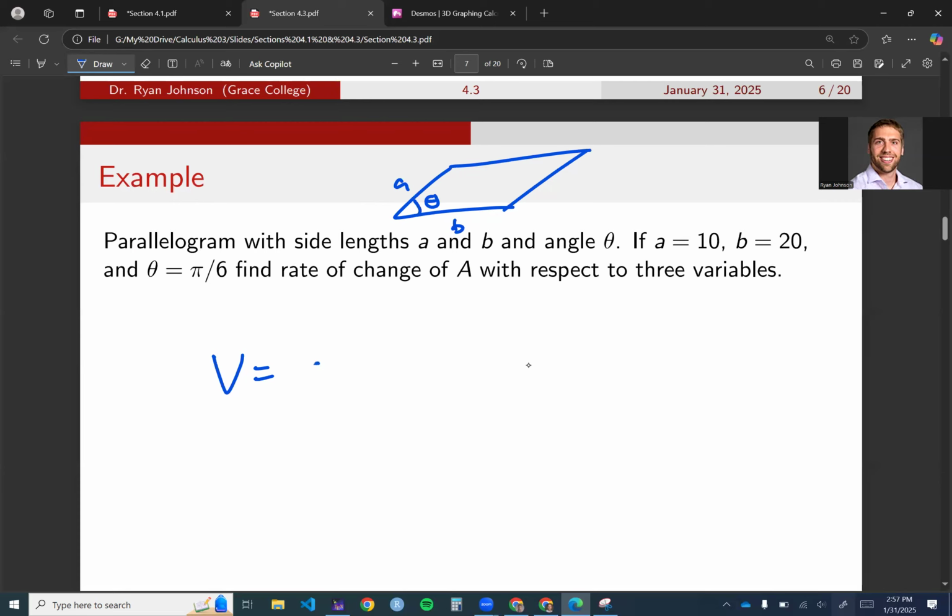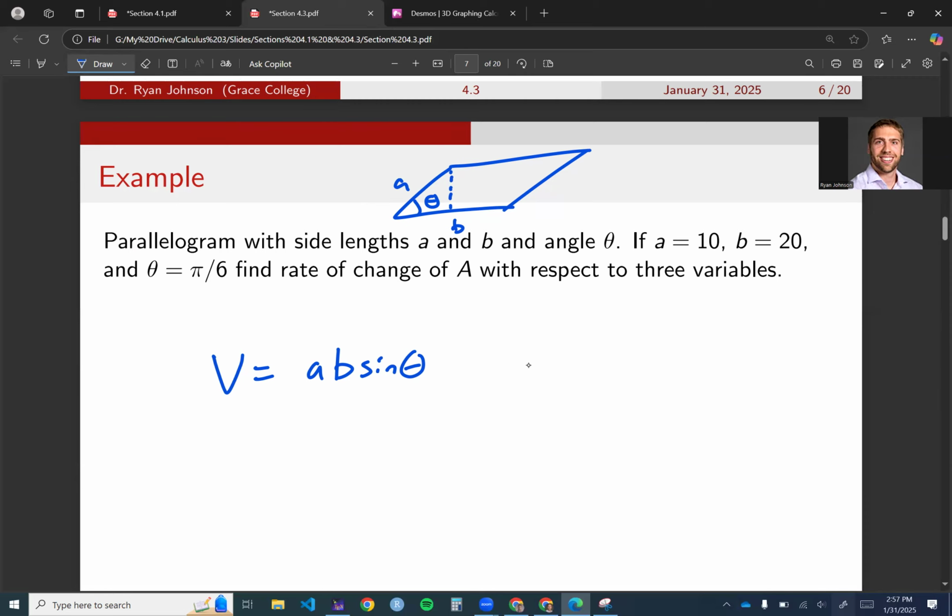The area is A times B times sine theta, because B is your base and A sine theta would give you your height. So we can also use this sort of thing for our formulas.